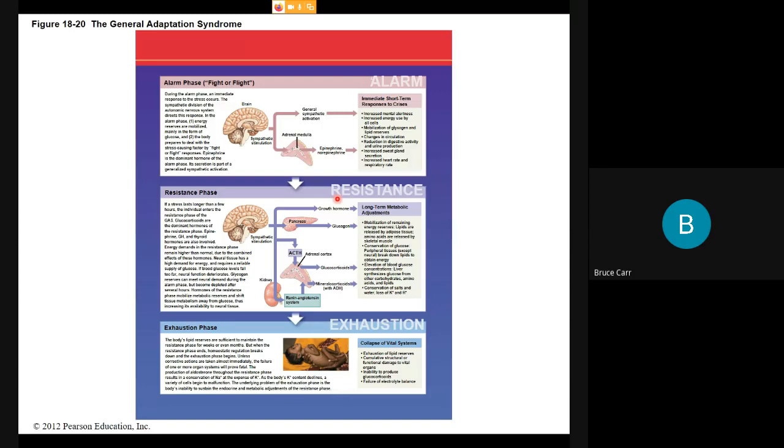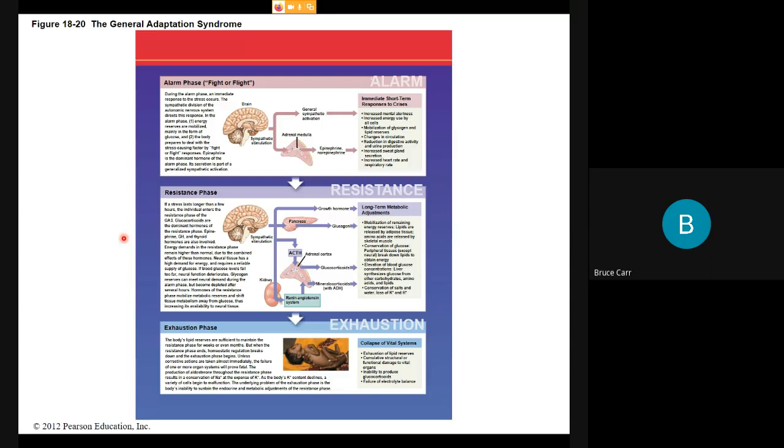The general adaptation syndrome is a phrase that refers to our response to recurring or ongoing stress, whether it's emotional stress, physical exertion, threat, abuse, malnutrition, those kinds of things.